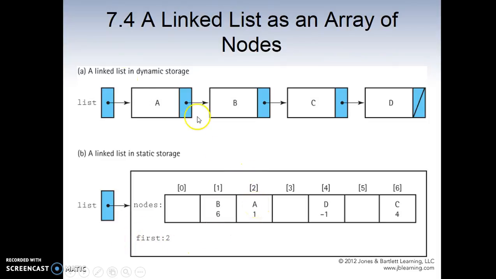This is an ordered list, so let's go to A. It also stores the index of the next value, which is index 1. So let's jump to 1, B. B stores the index of the next value, which is index 6, which is C. And C stores 4, which is D. And when we get to -1, this is like null, the end of the list.